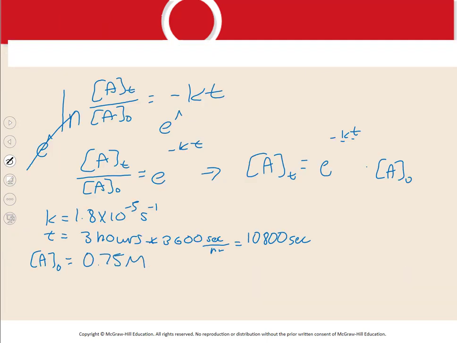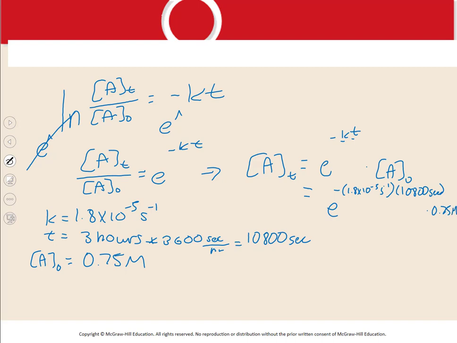All that's left now is to plug them all into our rate law up here. So e to the negative 1.8 times 10 to the negative fifth, 3 seconds to the negative 1, and then times 0.75 molar.